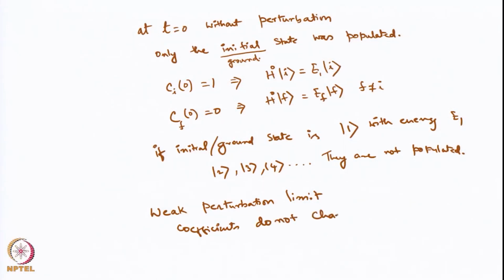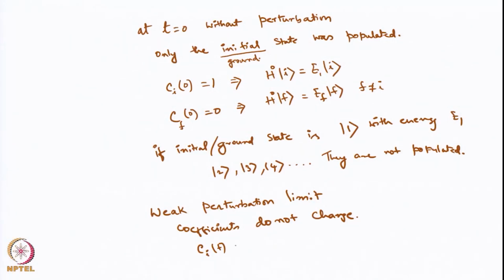This is the approximation that I am using. That means C_i of t will still be equal to 1 and C_f of t will be equal to 0 for f not equal to i.